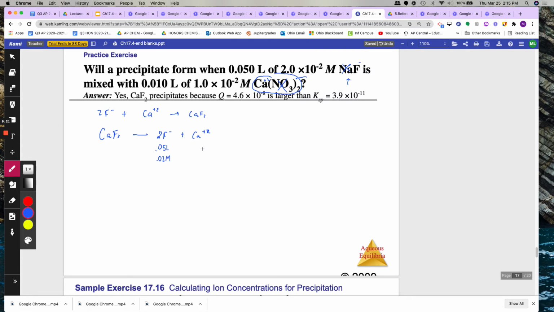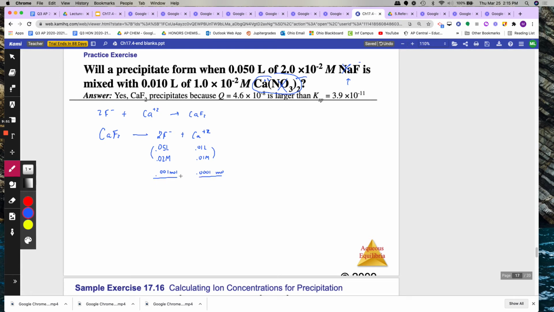This is 0.01 liters given there. And this is 0.01 molar. Okay, multiplying those two, I'm going to get 0.001 moles. Multiplying these two, I'm going to get 0.0001 moles.